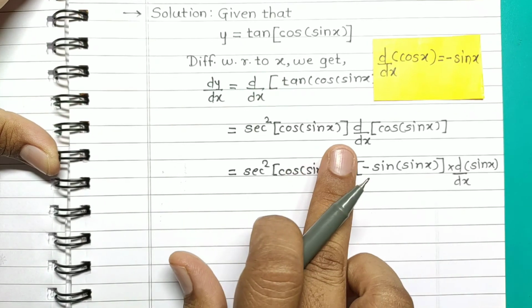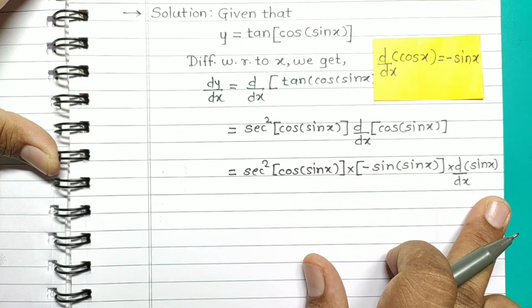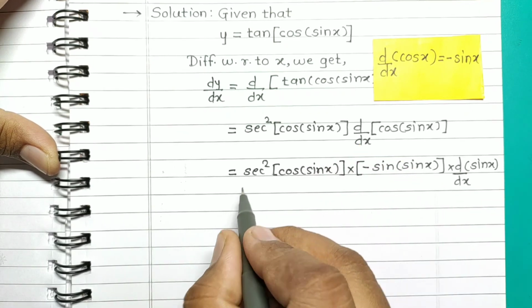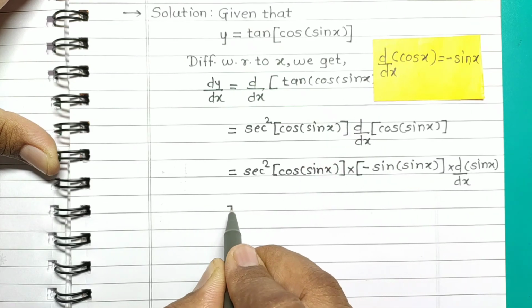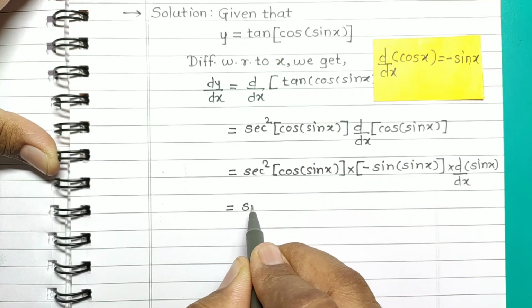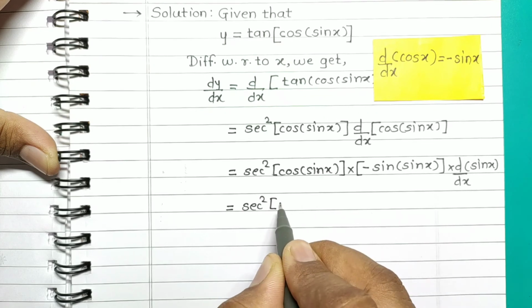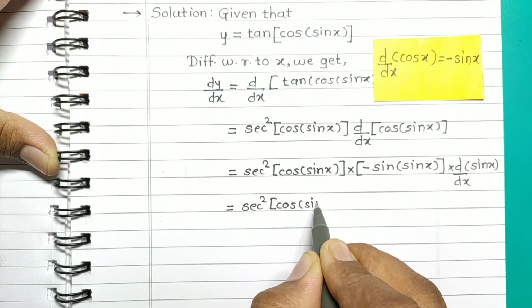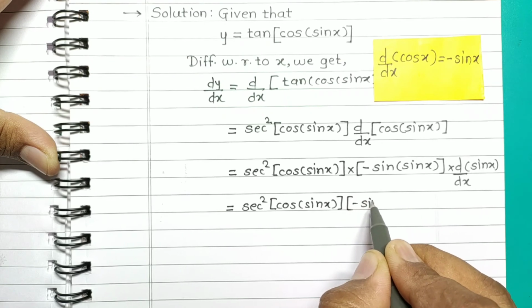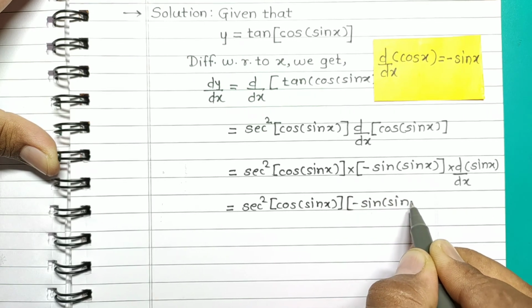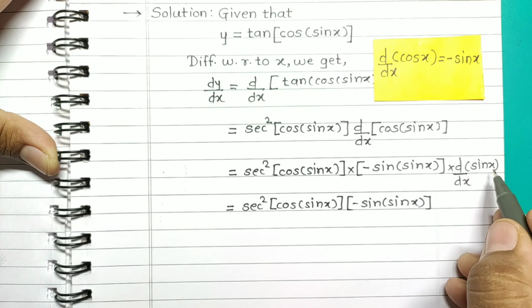So here the chain of derivatives is extended since there is a composition of three functions. So in the next step, write the first two functions as they are, sec square of cos of sin x into minus sine of sin x, and now this is in standard form.